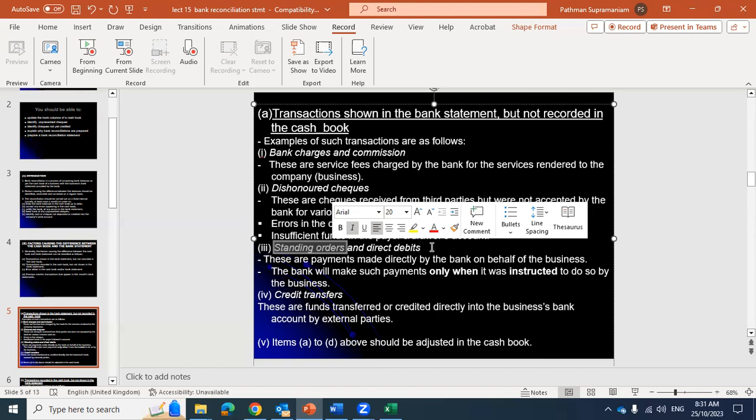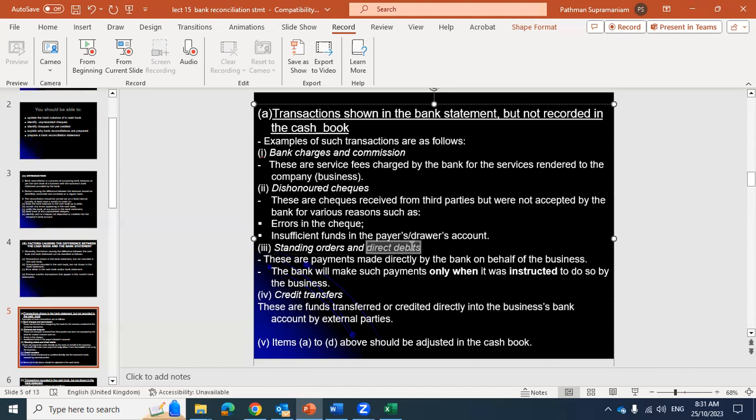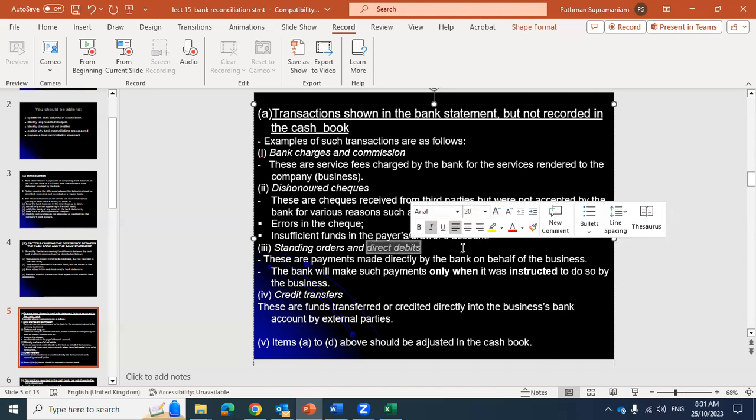Direct debit, on the other hand, is where the bank makes payment on behalf of the business and the amount is variable. For example, let's say the business owner goes shopping and spends on whatever amount. This spending amount will not be the same amount every time.